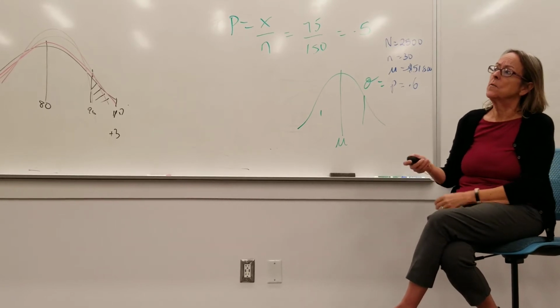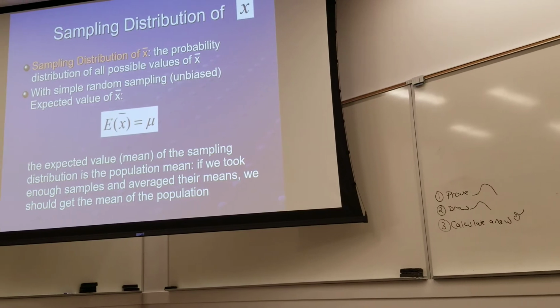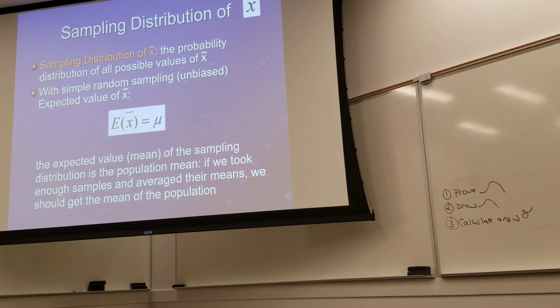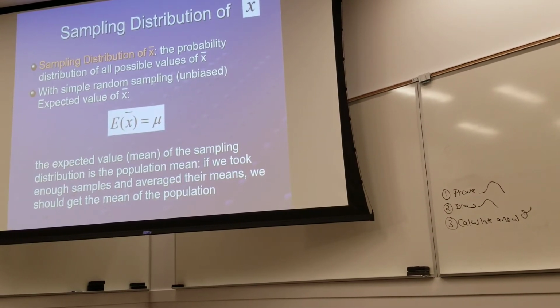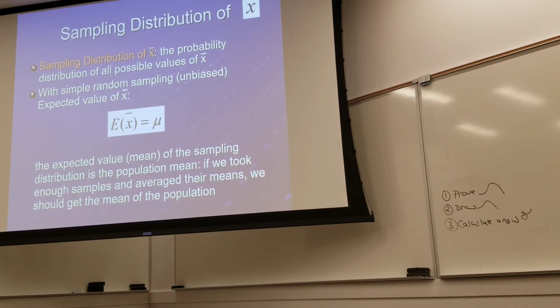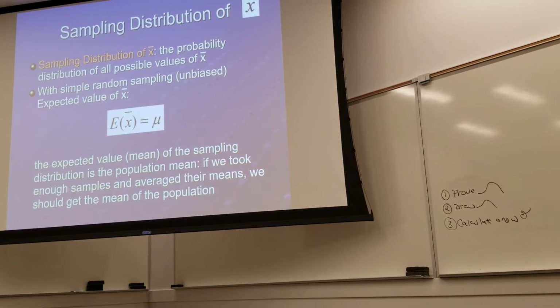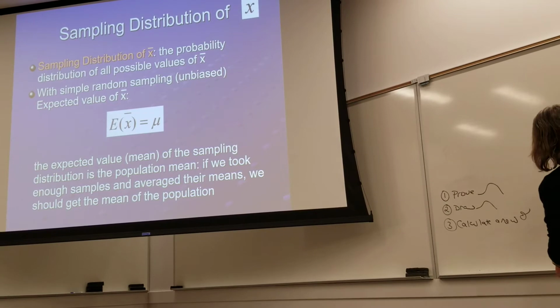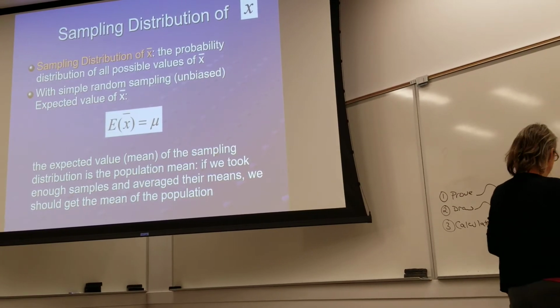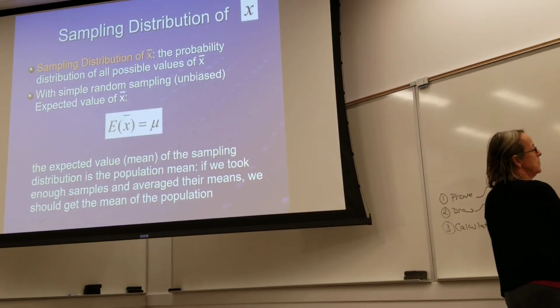Okay. So when you're doing a sampling distribution of X bar, that's what you do for means, right? You're going to show all the possible values of X bar that I could get. I'm going to jump ahead a little bit here. I haven't proved it yet, but let's say I've proved it.